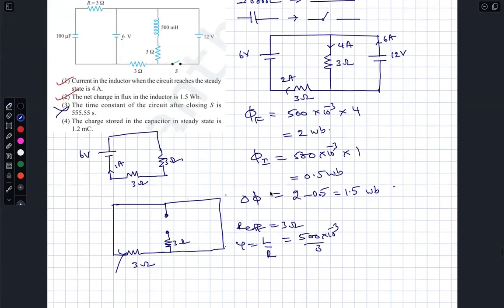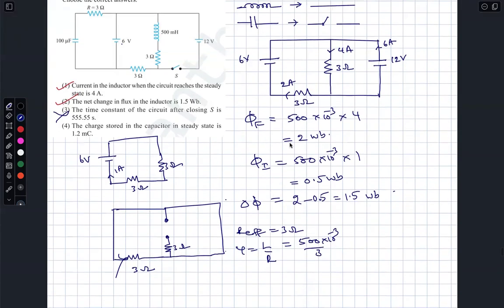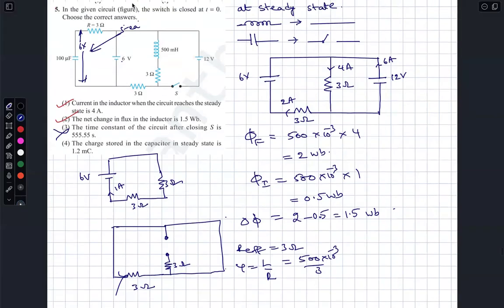The charge stored in steady state, or here in steady state across this, it will be 6 volts steady state. Steady state. So therefore the charge CV, 600 microcoulomb, which is wrong.